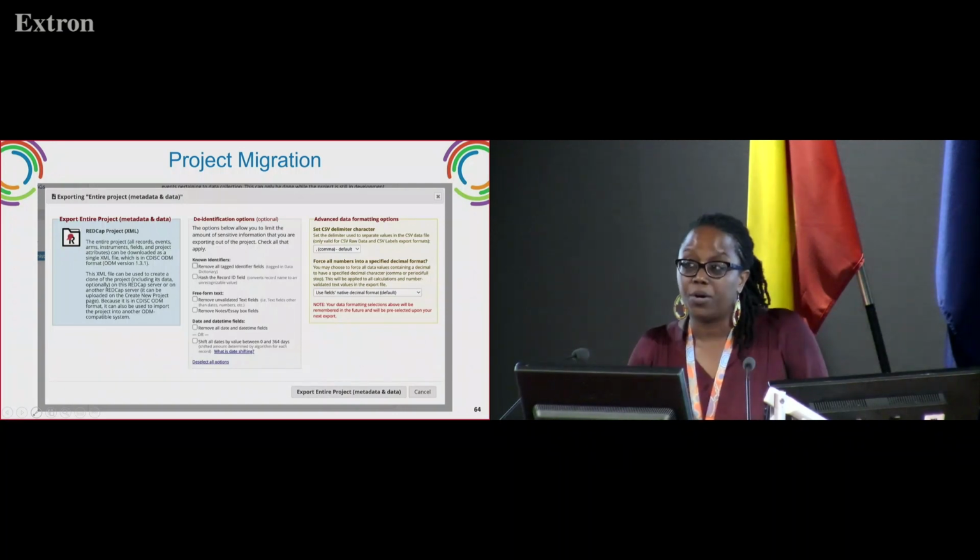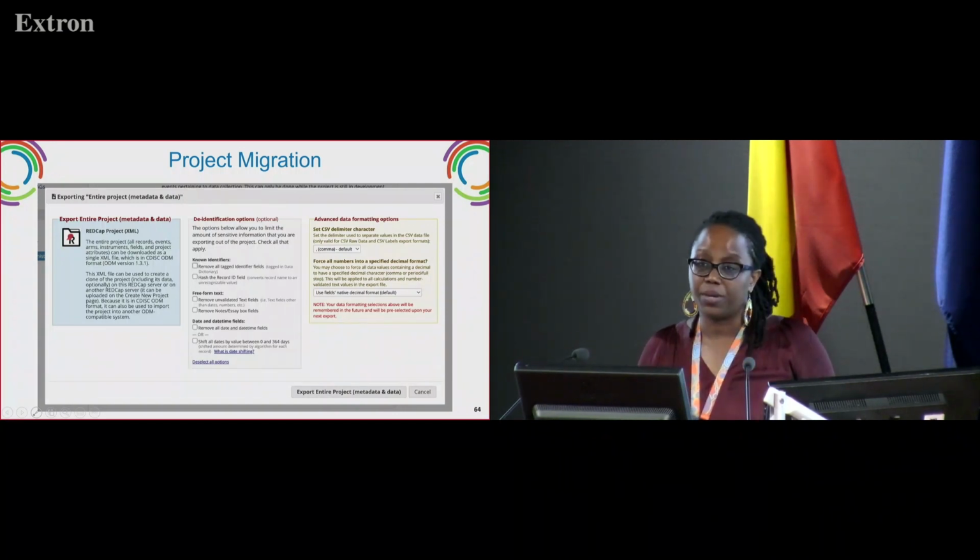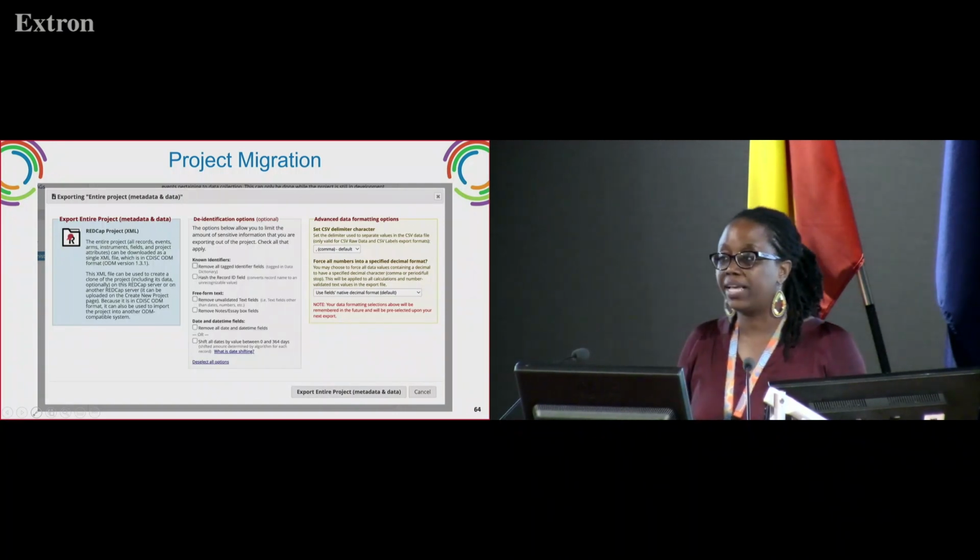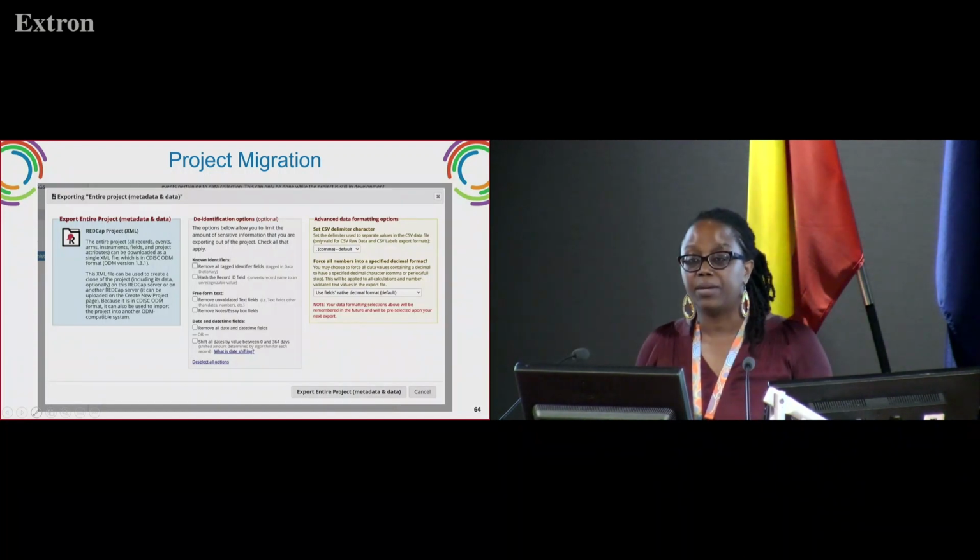We must talk about project migration because we are moving from places of individual institution research to doing multi-center research or studies or registries. So you don't have to duplicate what has been done in another facility.